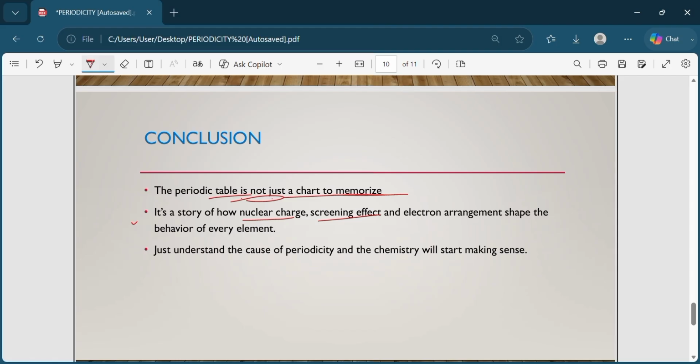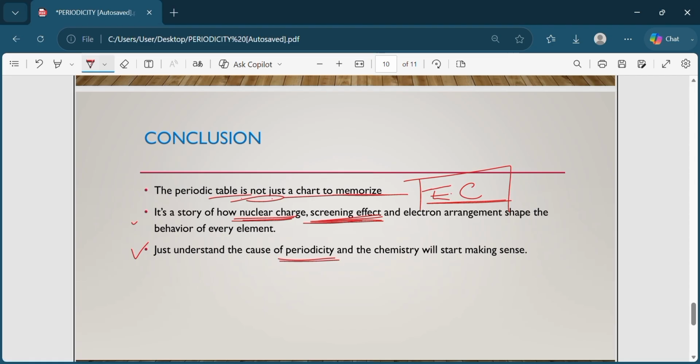The fundamental of chemistry is understanding the reactivity of elements as far as inorganic chemistry is concerned. So just understand the cause of periodicity. If you understand that periodicity is caused by nuclear charge, screening effect, and specifically the counterbalance, which is effective nuclear charge, and electron arrangement, that is, when we look at our electronic configuration, normally I like to abbreviate it as EC.